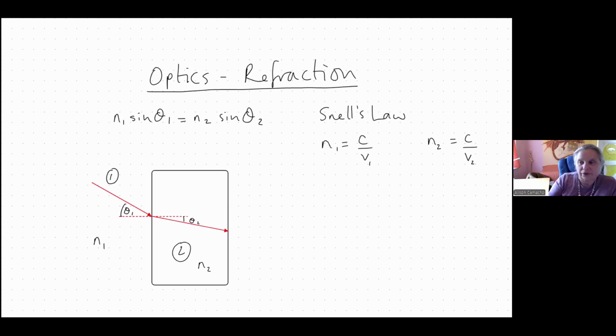Now, one of the things that gets you caught out is, at least on the AQA paper, on the data sheet, you have an equation, sine C is equal to 1 over n. That is a misleading equation, and I would prefer it if you never used it.